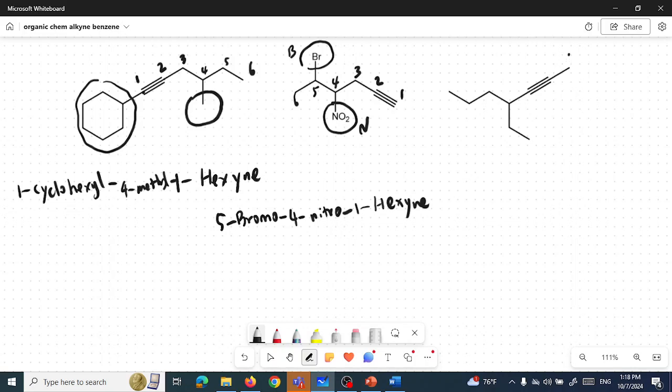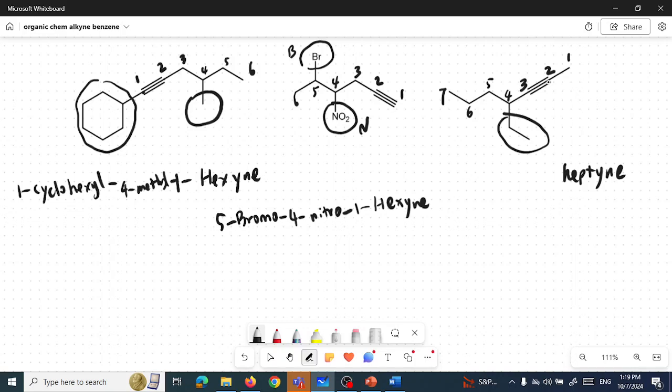So it's going to be 1, 2, 3, 4, 5, 6, and 7. And then on number 4, there's a 2 carbon substituent, which is ethyl group. So the basic chain of this is going to be heptyne.